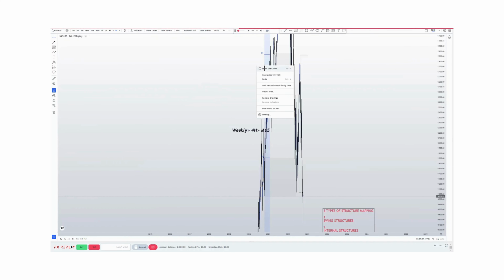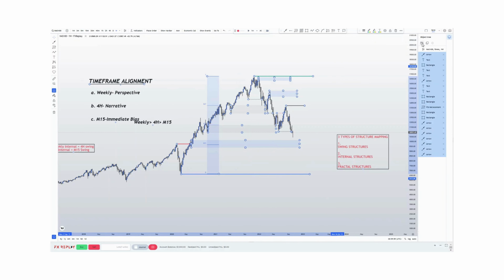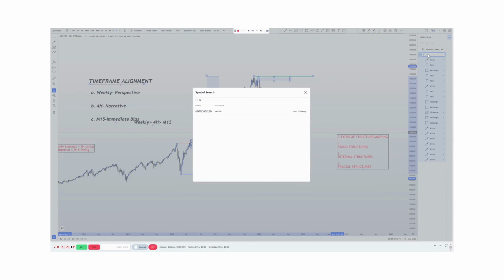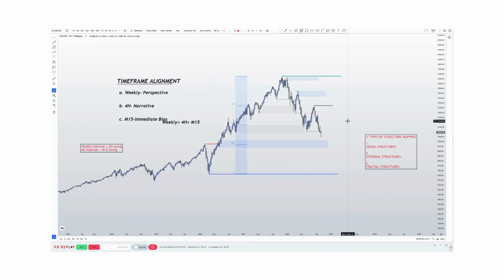First, group these markings on a weekly chart, so that we have the weekly.